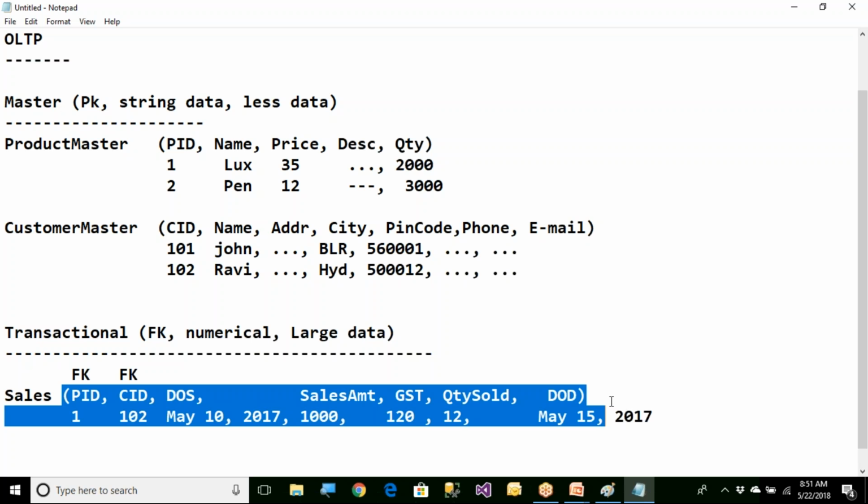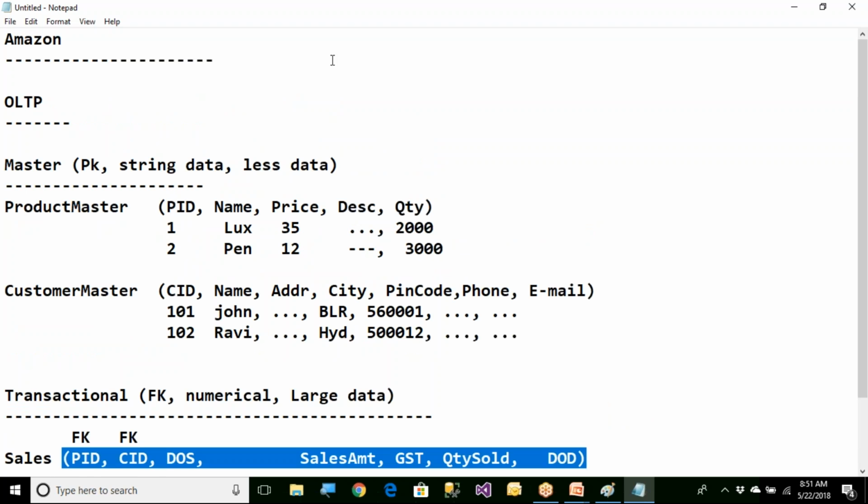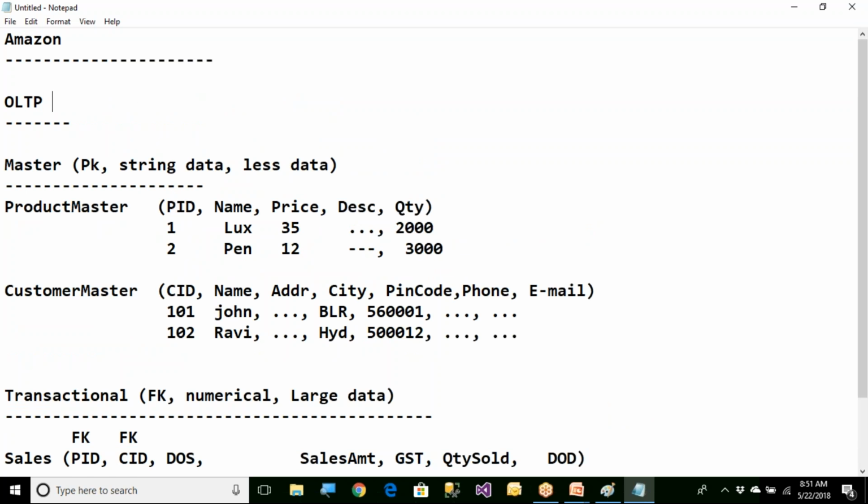The property of the transactional table is that a large amount of data gets inserted, because from morning 9 to midnight 12 o'clock, people keep on buying, canceling, exchanging products, and doing a lot of things. So the sales table is going to occupy a large amount of space. For example, my OLTP database size is, let us say, some 500 GB.